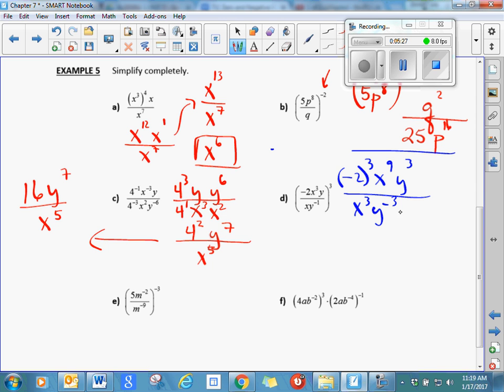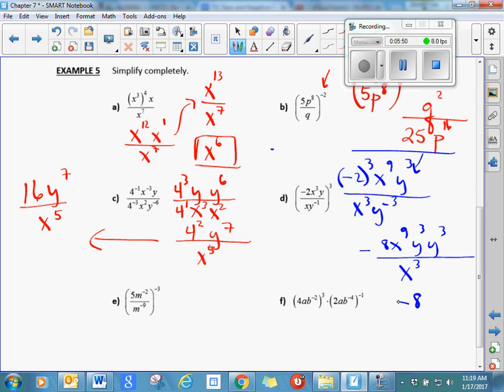So now I do have a negative exponent. I need to clean this up. I can take negative 2 cubed and get negative 8. That's negative 8. X to the 9 is there. I'm leaving this y cubed alone, but this y cubed is going to come up and join it. And we have x cubed remaining in the denominator. And I'll clean it up in a minute.